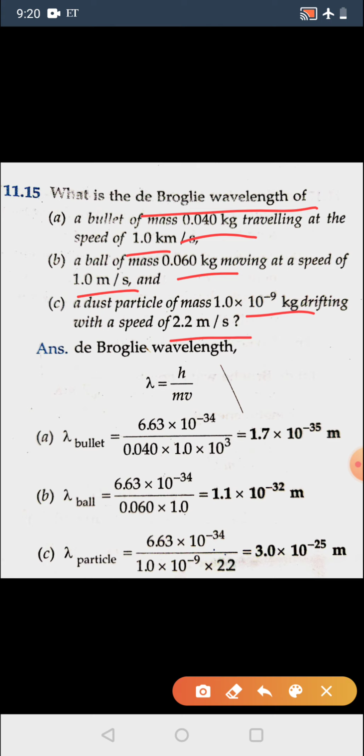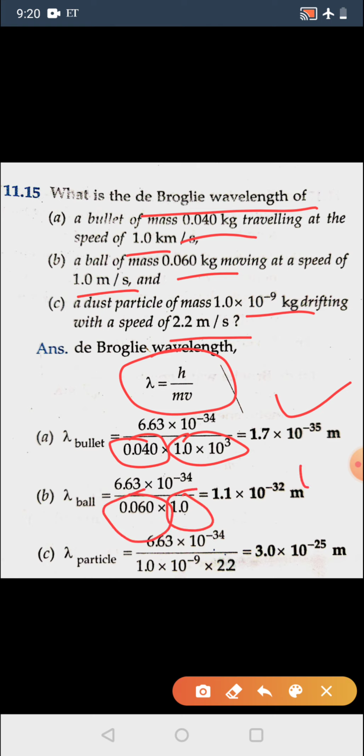We know the formula for the de Broglie wavelength is lambda equals h upon mv. By substituting the mass and velocity of the bullet, you can find its de Broglie wavelength. Similarly, by substituting the mass and velocity of the ball, you will get its de Broglie wavelength. And for the particle, with its mass and velocity, you will get the de Broglie wavelength. So this question was very simple.